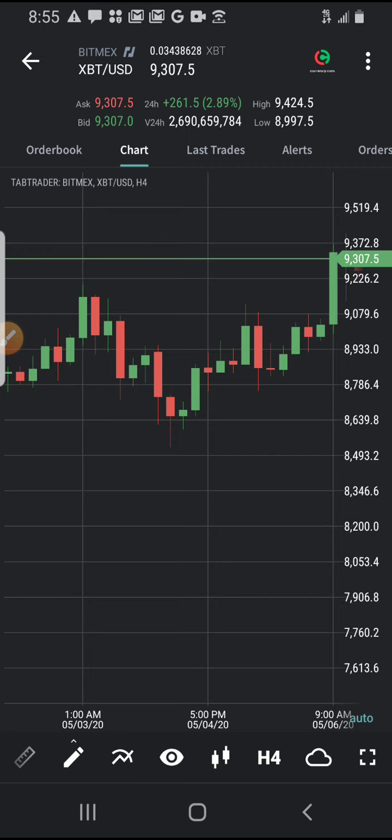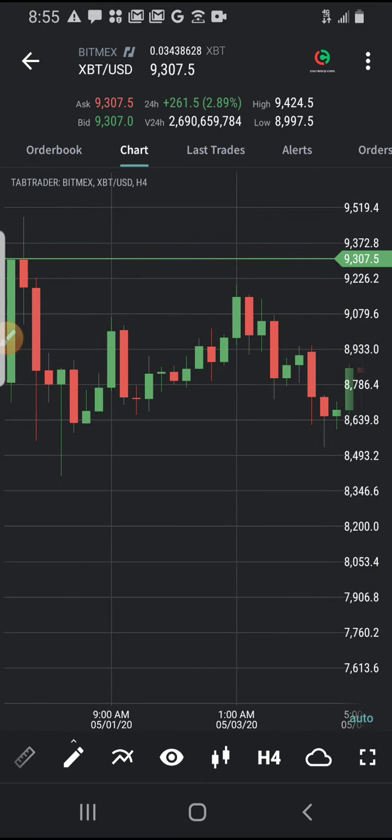Now, what I'm trying to say here is, let's take for example you have your inverted hammer. So we are going to look for an inverted hammer here.